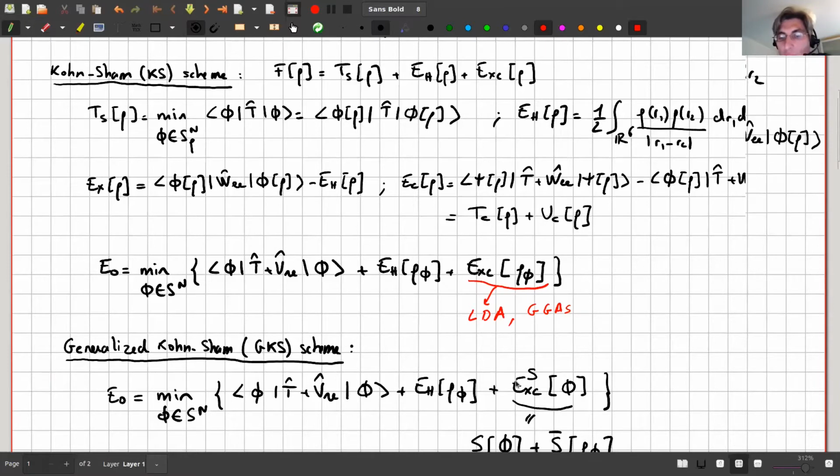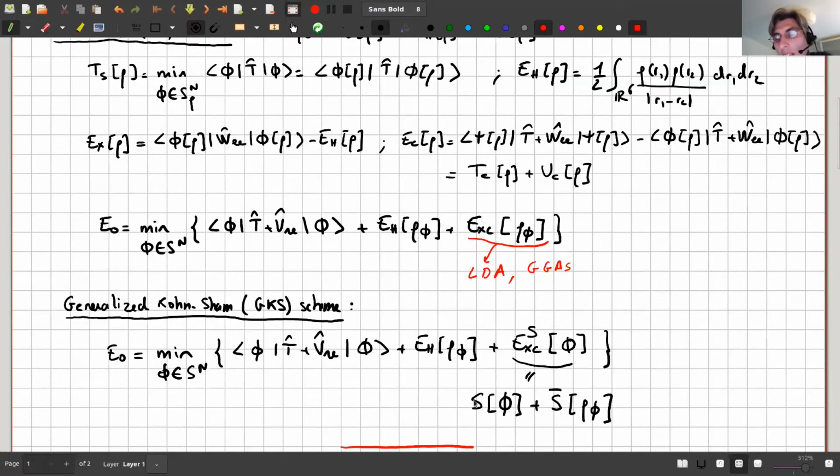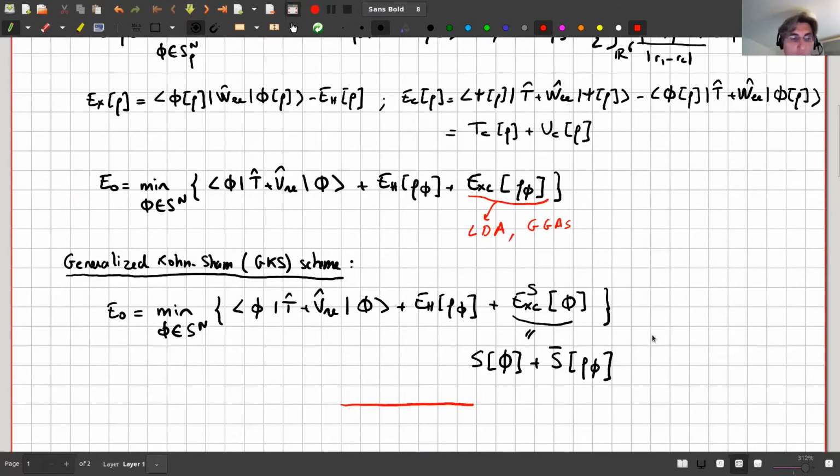And this functional can be defined as almost any functional S of phi plus a complementary functional depending on the density of phi. So you have a lot of freedom in defining this exchange-correlation functional here.